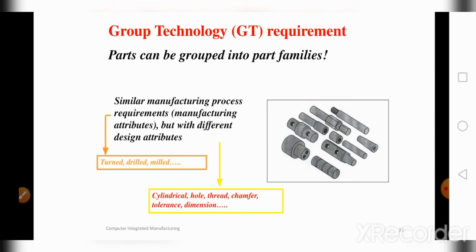These are similar works, so those processes can be grouped and called one part family. Similar types of processes are grouped as one group, and that is what we call group technology.